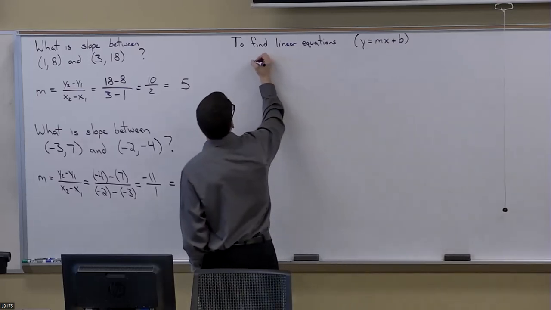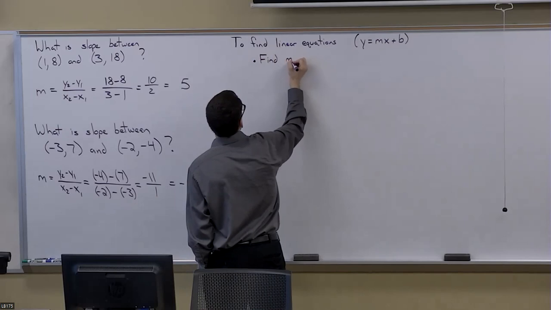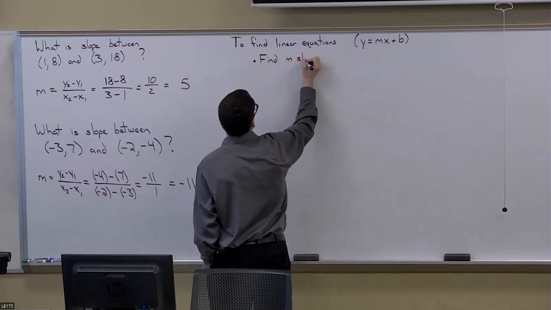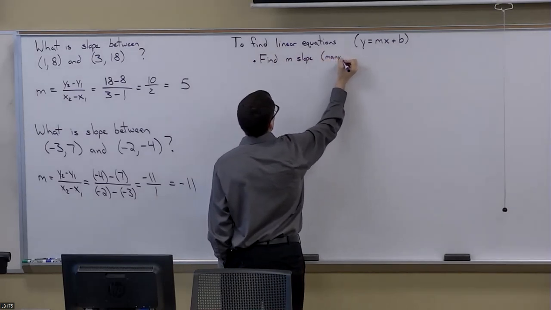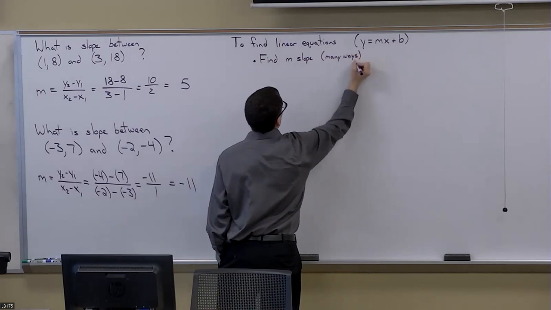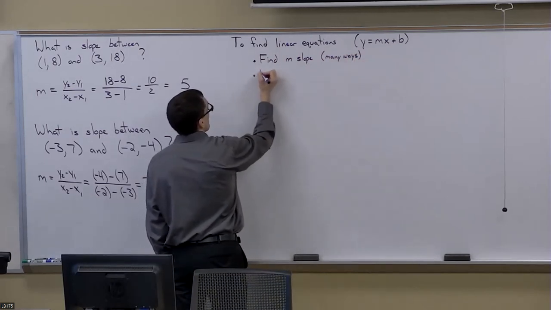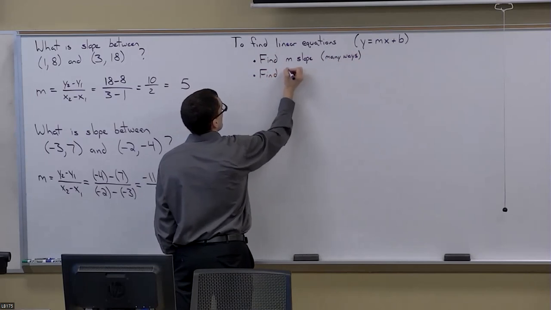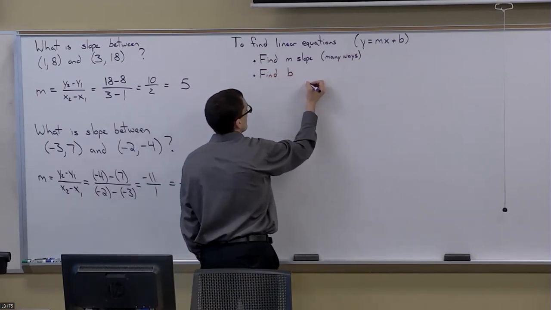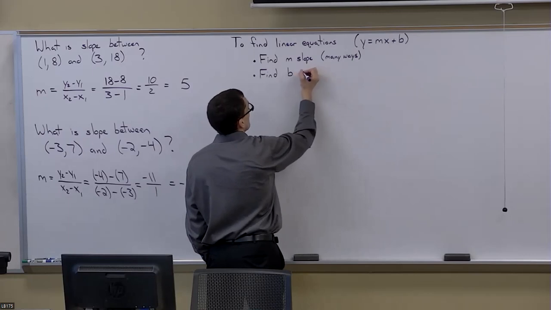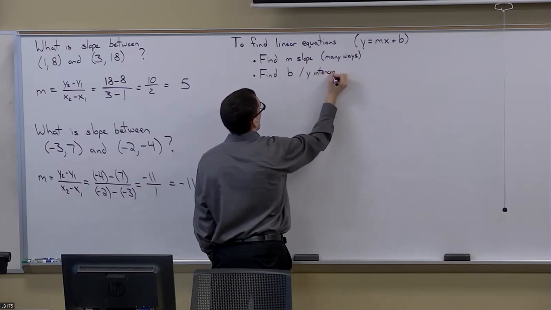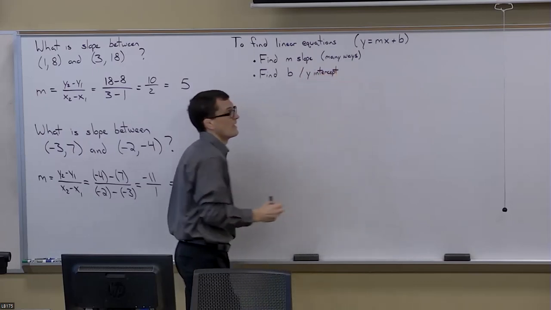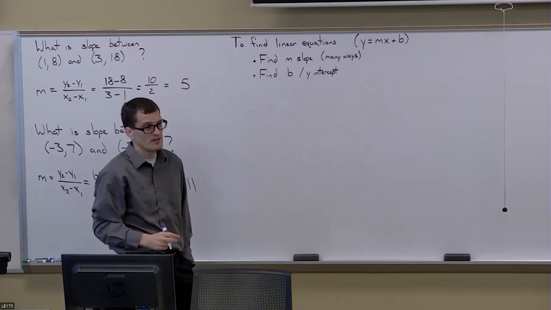So to find linear equations, all we need to do is find the slope. And I'm just going to say right now that there are many ways to do that. And then find the b, which is the y value of the y-intercept. And we're going to do that the same basically every time.